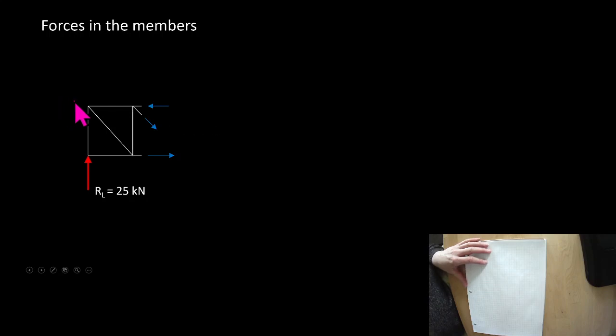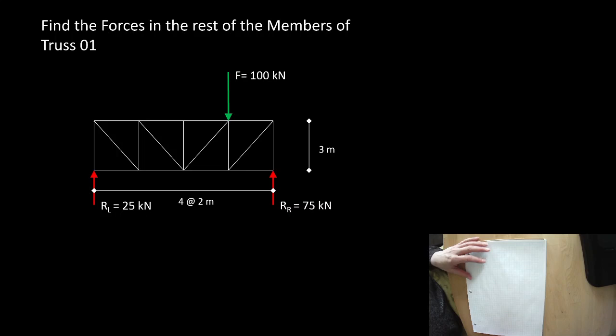So you can see here that we found that this member had 16.7 kilonewtons in tension. This member had 30 kilonewtons in tension, and this member had 33.3 kilonewtons in compression. In this example, I've drawn it going towards the point, which means compression. Well, that's great.